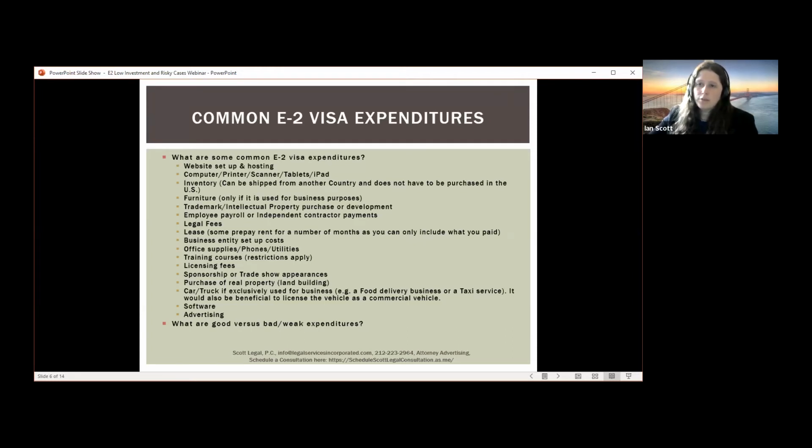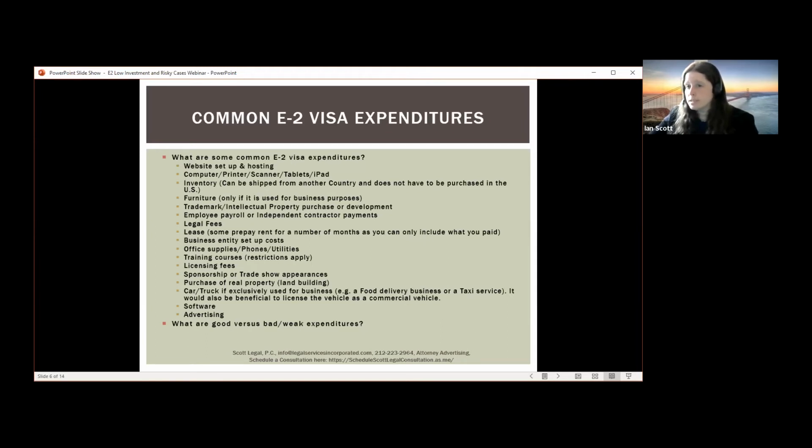Anything you paid for office supplies, any utilities that you pay, training courses can sometimes be included. It really depends, very case specific, whether it makes sense or not to include it. Any license fees, let's say you're getting some type of software for your company, you can include those expenditures.